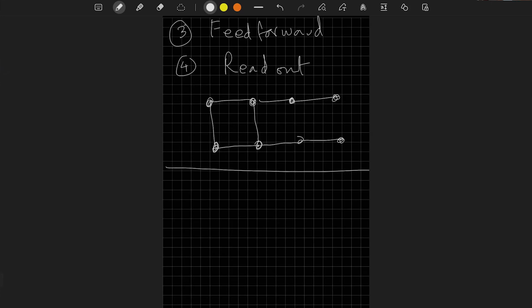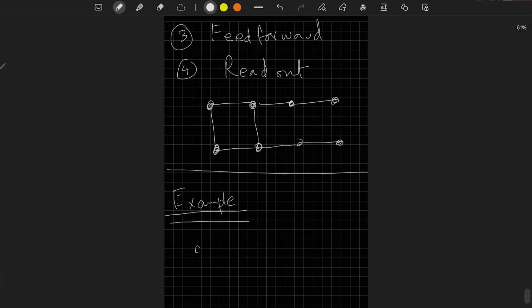Let's take a very simple example. I have two photons connected by a controlled phase operation. This is my initial cluster. It's not very useful, but it's a great example.